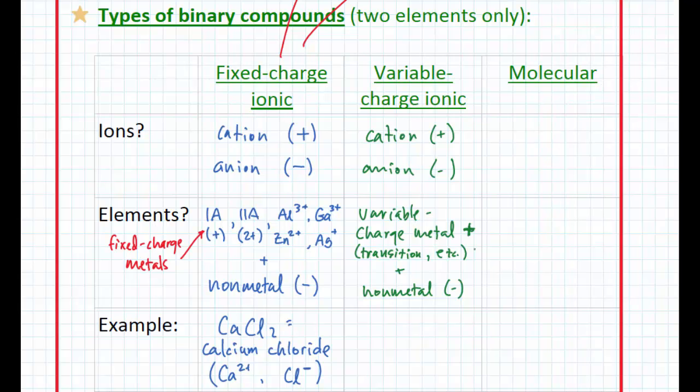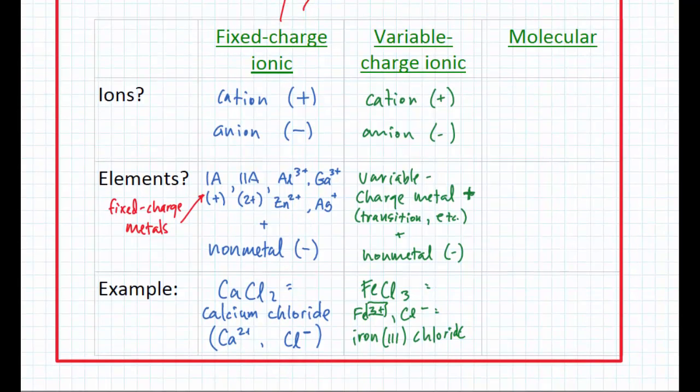So the difference in the naming comes from if we had FeCl3, that's made out of Fe3 plus and Cl minus, and it's called iron 3 chloride.